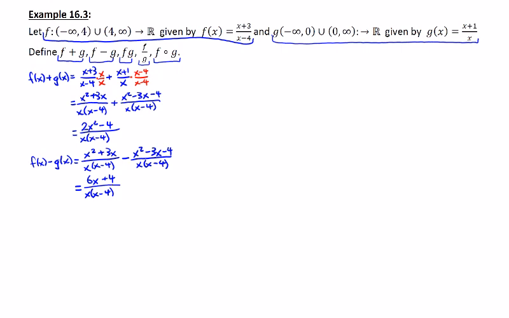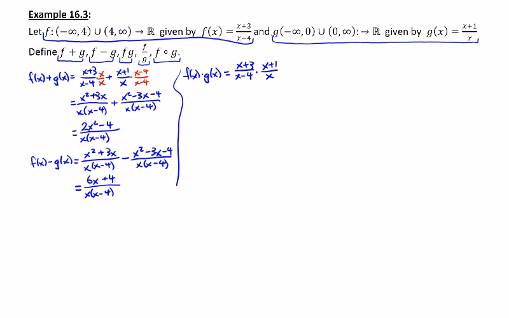Moving on to multiplication. For multiplication, we're going to have f of x times g of x. This is going to be x plus 3 over x minus 4 times x plus 1 over x.